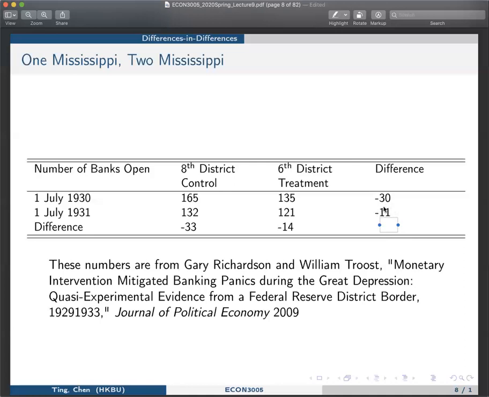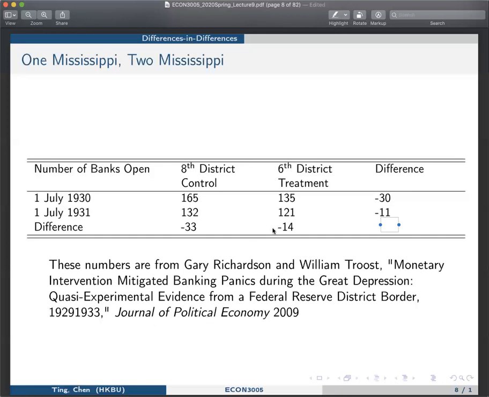We should take the post-treatment difference minus the pre-treatment difference, and we will have a positive 19. That's the actual effect of the treatment, lending money to the banks. So this is why we call this a difference-in-differences approach.